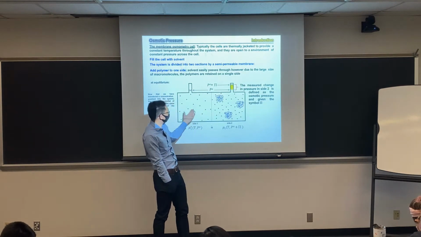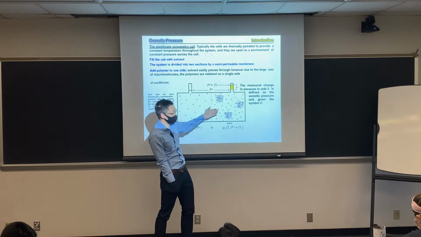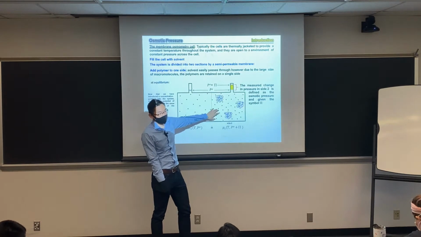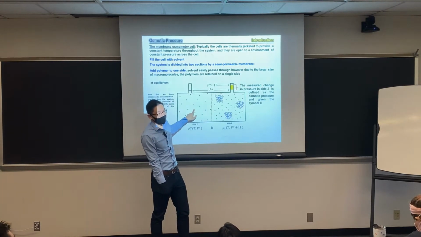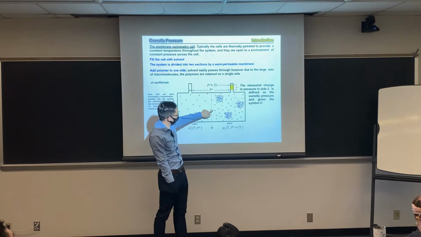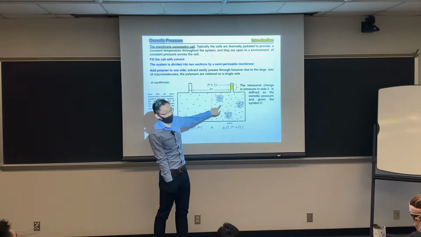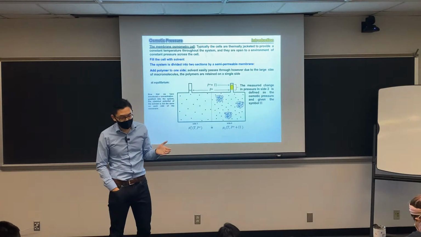Okay? Think about the concentration of the solvent. There's a gradient here and there. Now consider the polymer. You want the polymer to diffuse there, but it's impossible for it to go there to reach equilibrium. So you need to draw solvent from the other side to dilute it. And that's a driving force.